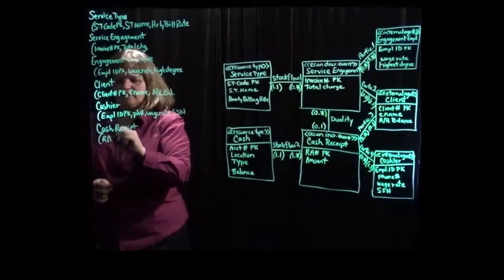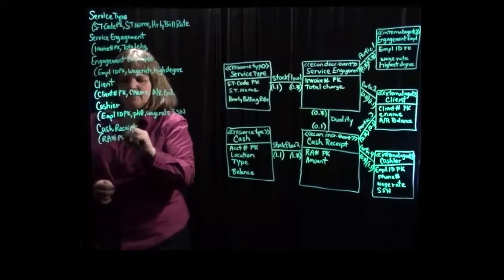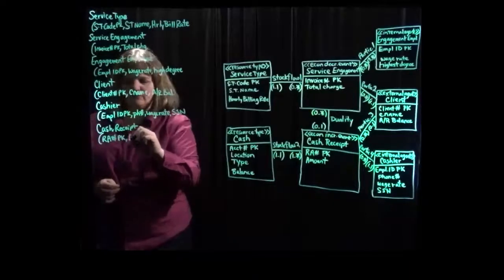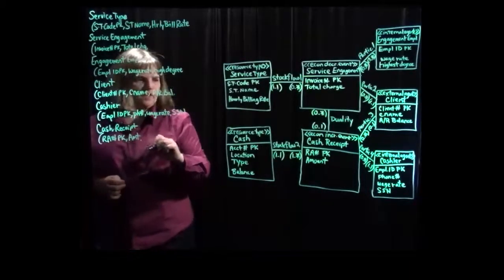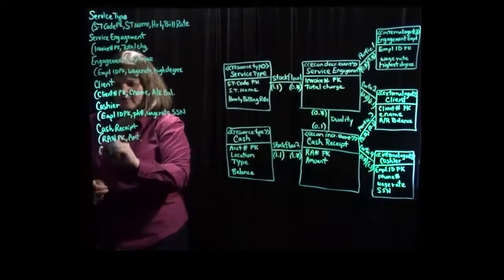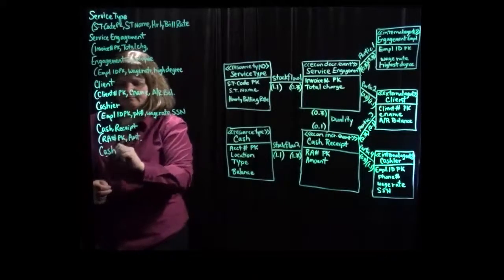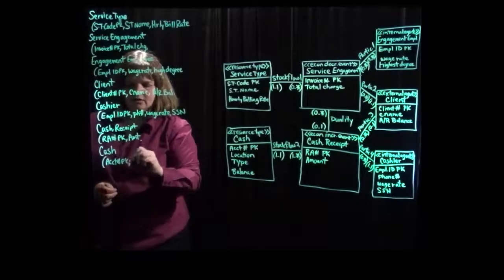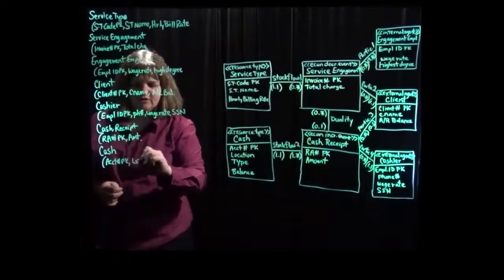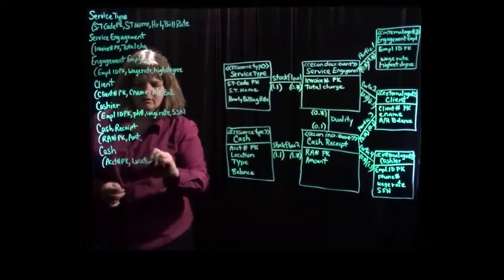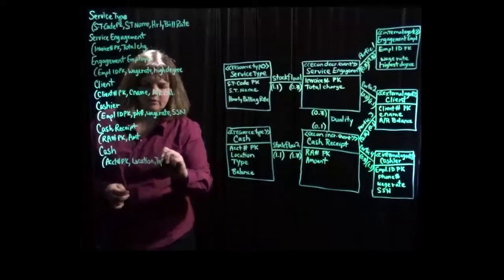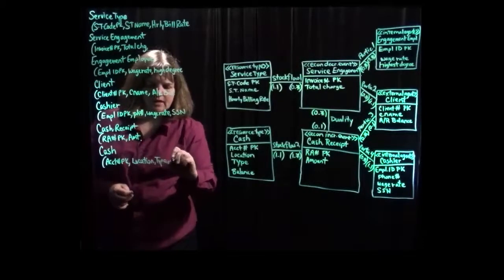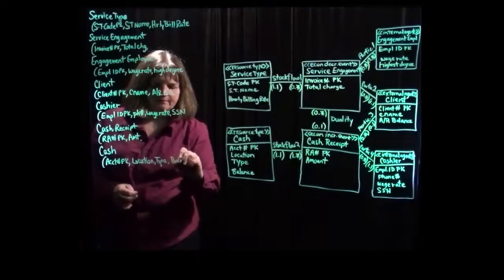We'll use remittance advice number as the primary key, and then we'll also keep track of the cash receipt amount. And finally we'll set up a cash table, and that will have the account number as the primary key. We'll also track the location, the type, and the balance.